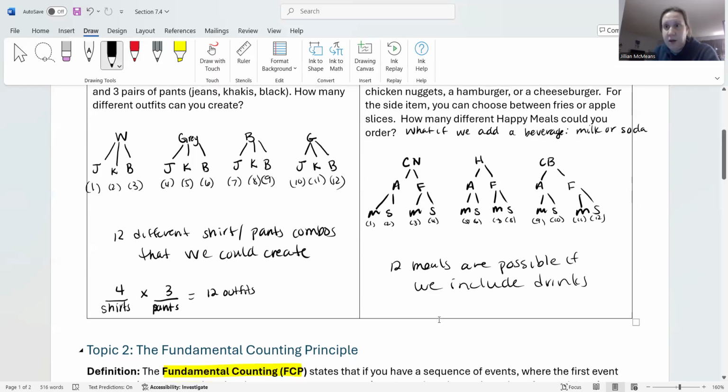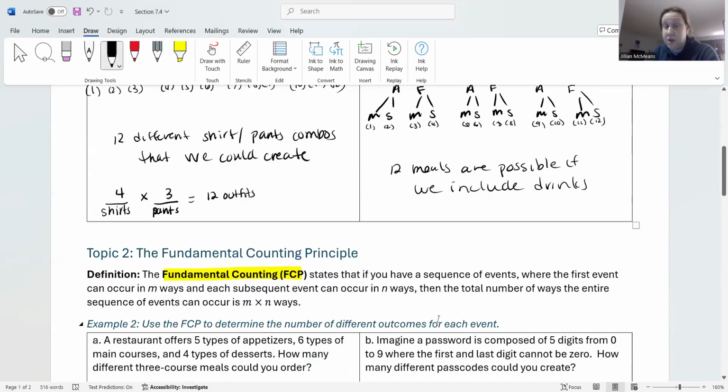So let's read this definition again, but talk specifically about shirts and pants. The fundamental counting principle states that if you have a sequence of events where the first event, shirts, can occur in m, 4 ways, and each subsequent event, pants, can occur in n ways, 3 ways, then the total number of ways the entire sequence of events, outfits, can occur is m times n, or 4 times 3, which equals 12 ways.